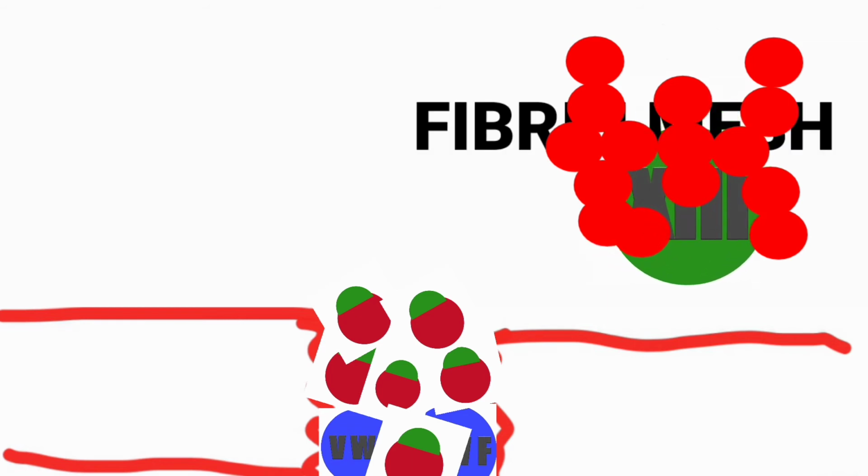So these are my 3 fibrin strands. Factor 13 will cross-link these strands to form something called a fibrin mesh. What did I call it? Fibrin mesh. And because of this cross-linking activity, factor 13 is also called fibrin stabilizing factor. What did I call it?